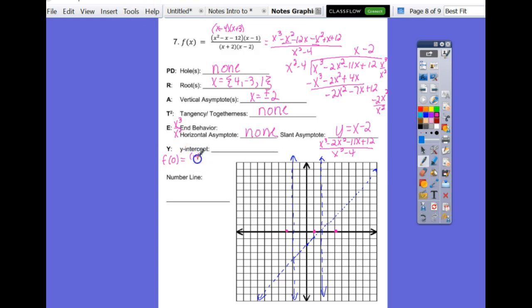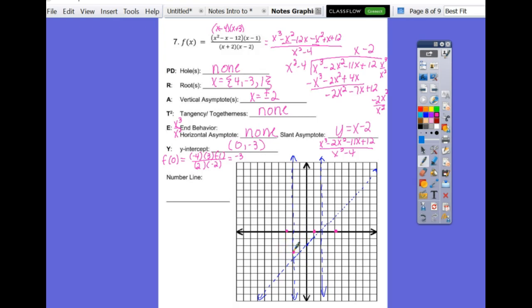So I'm going to get negative 4 times 3 times negative 1 over 2 times negative 2, which is going to give me 12 divided by negative 4, which is negative 3. So my y-intercept is 0 and negative 3. So I'm going to put that point right there.